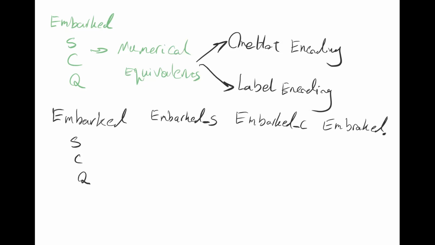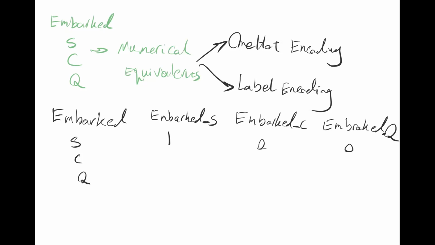So for the first passenger, let me check what it was again. S was Southampton, Q Queenstown, and C Cherbourg. So let's just call them port C, Q, and S. If somebody embarked in port S, this dummy variable would be 1, the other two 0.